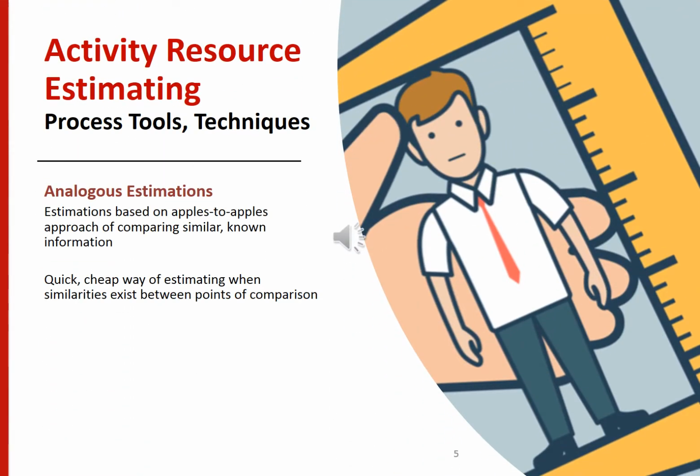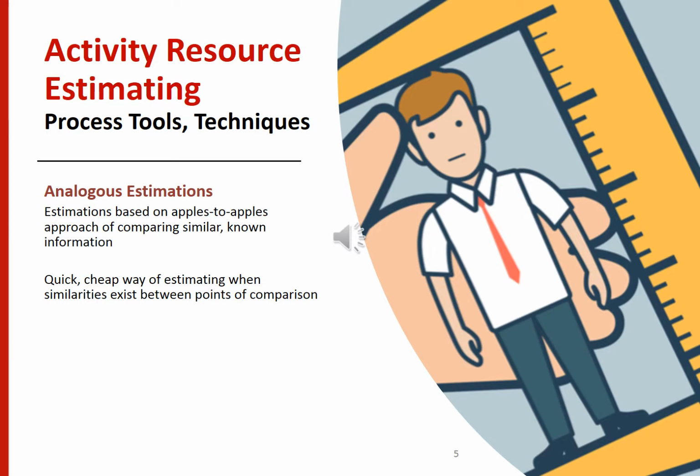Making sure you have enough money to complete your project and finish it within the time frame requested can be stressful if you lack important data. Analogous estimating is the act of using former projects to estimate how long or how much a current project will take or cost. In other words, it's a technique that centers on comparison.